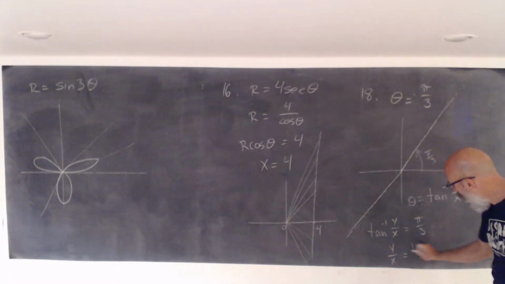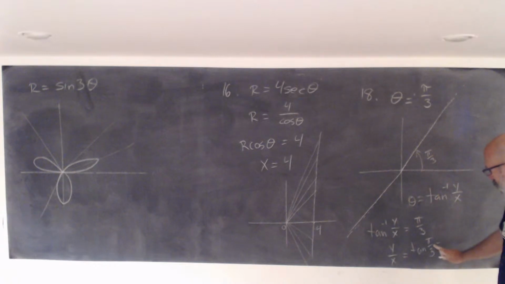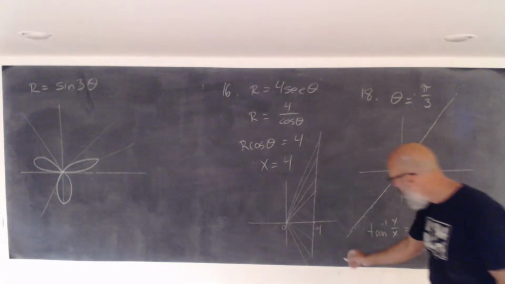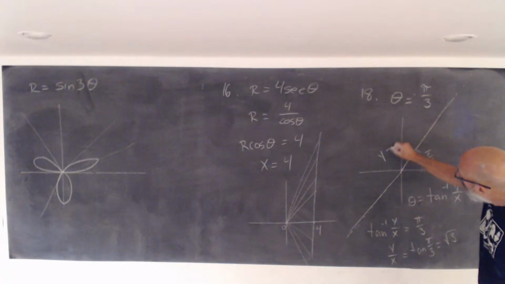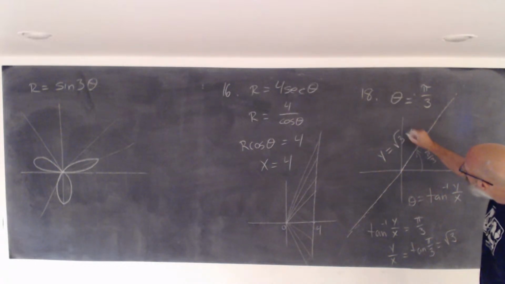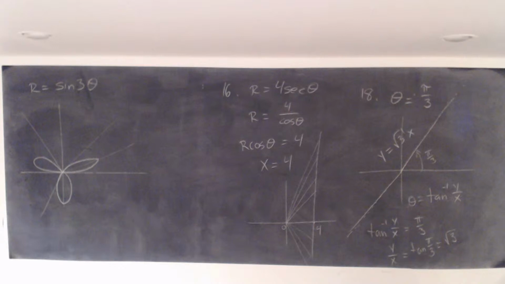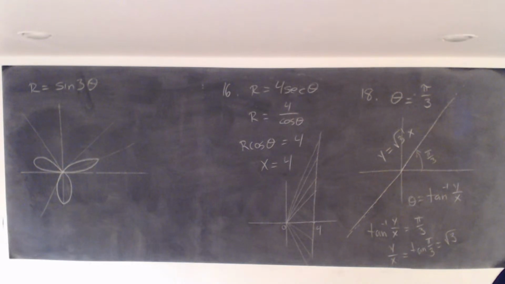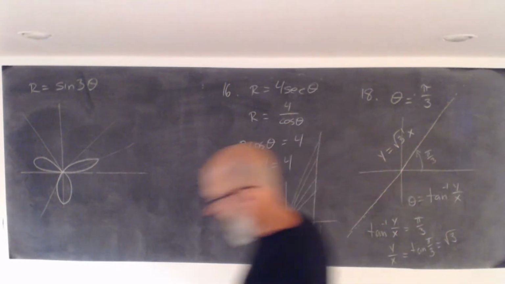Y over x is tangent pi over 3. Sine of pi over 3 is root 3 over 2. Cosine is 1/2. So you get root 3 here. So y is root 3x. A straight line through the origin. There it is.